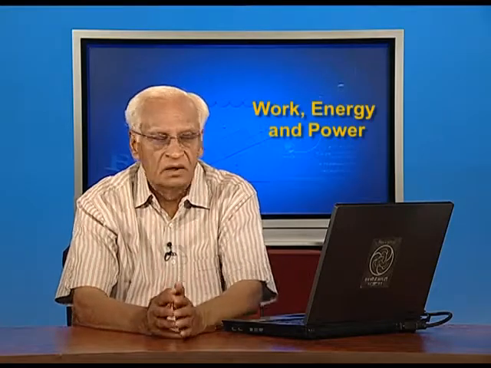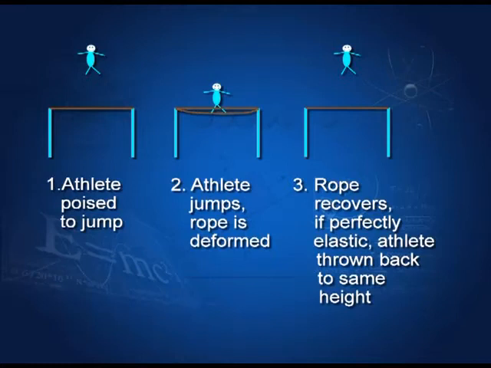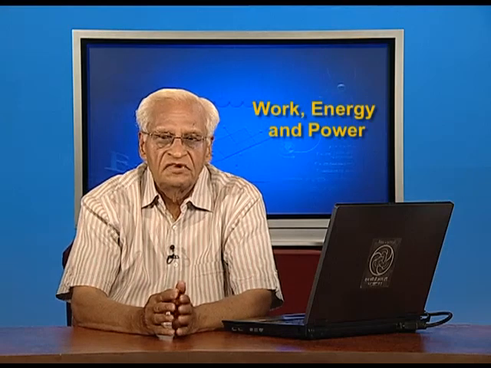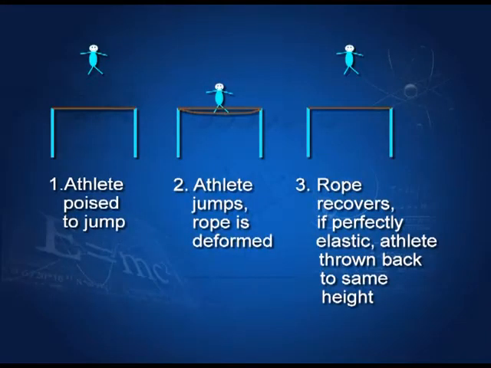I give you another example. You must have seen this trick played in many fairs which are organized in villages and elsewhere. Here is an athlete who is ready to jump on a rope which is elastic. In the second one, he has jumped on that rope, and the rope, you can see, has suffered some deformation.